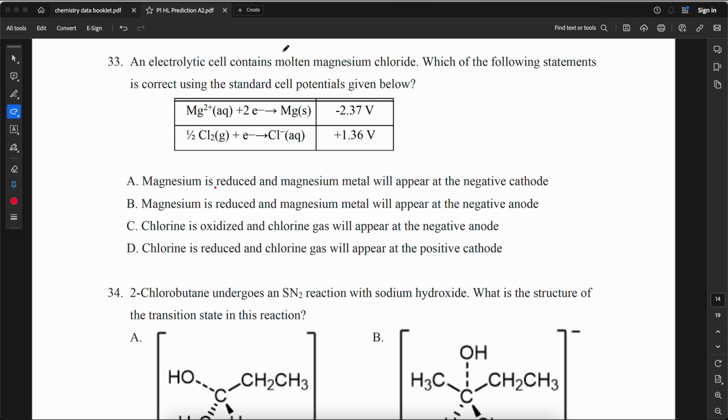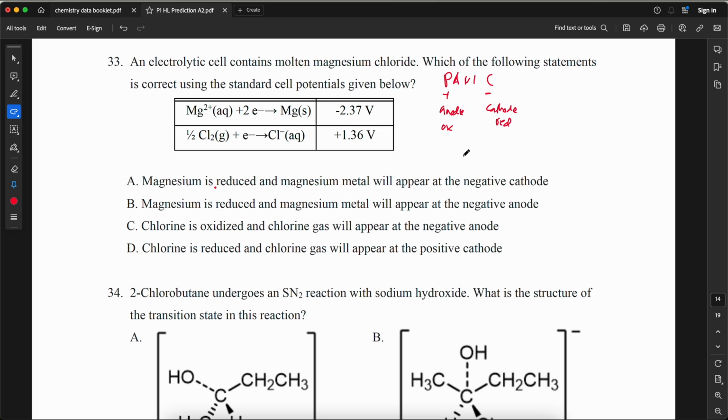An electrolytic cell contains molten magnesium chloride. Which of the following statements is correct using the standard cell potential given below? So we've got Mg and then Cl. For the electrolytic cell, positive will be the anode and negative will be the cathode. It will always experience oxidation at the anode and reduction at the cathode.